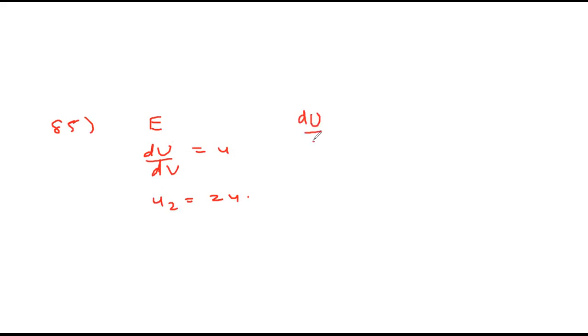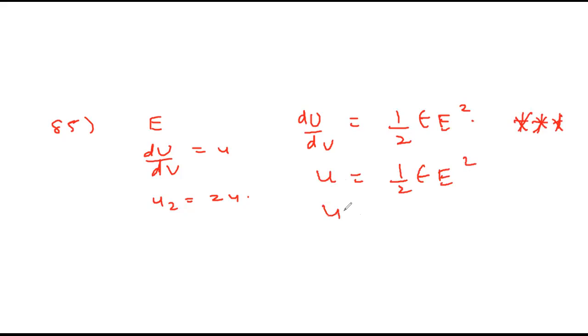To double the energy density, energy stored per unit volume is half epsilon into E square. This formula you have to remember first. Energy stored per unit volume, denoted by U, is half epsilon E square. So U1 upon U2 is E1 upon E2 square. U1 is U, U2 is 2U.